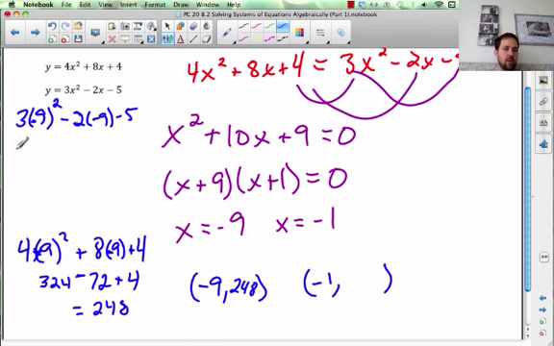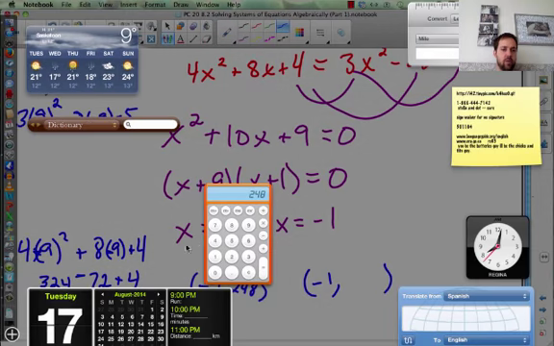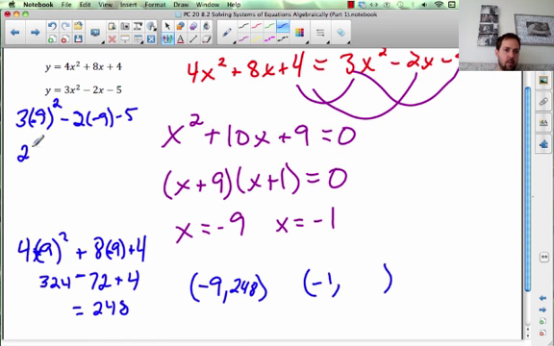This is 3 times 81, which is 243, I think. 243 minus 2 times minus 9 is plus 18 minus 5. So this is plus 13 right here. So 243 plus 13 is 256.